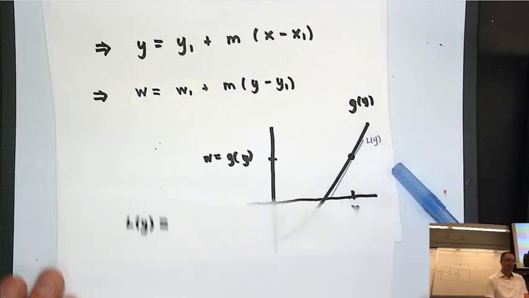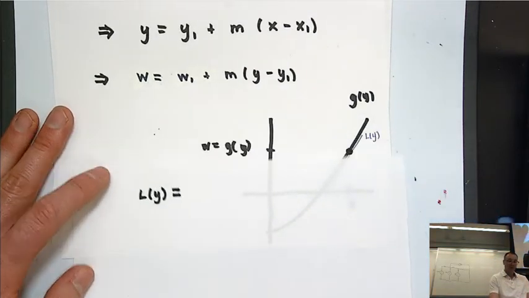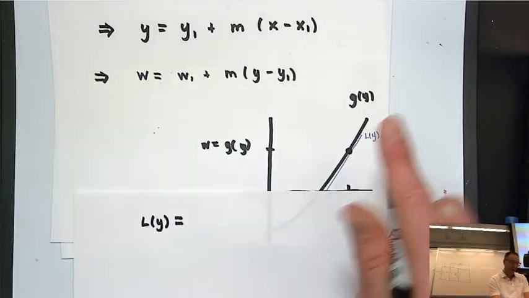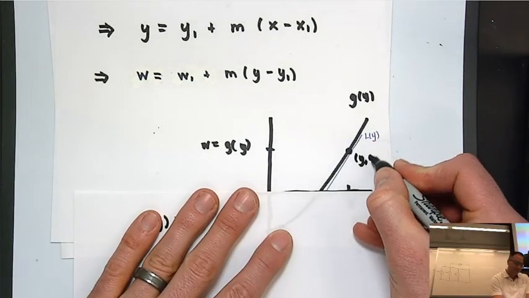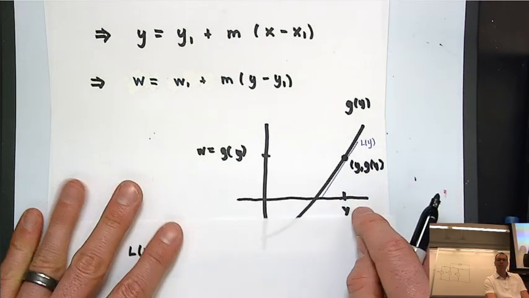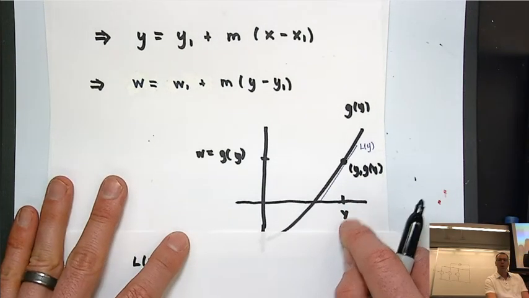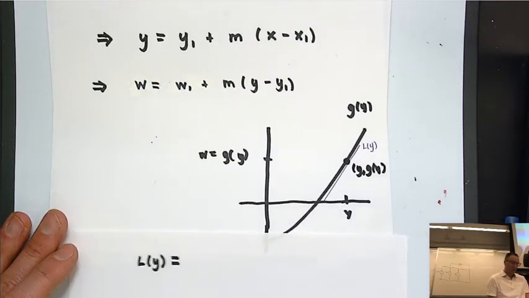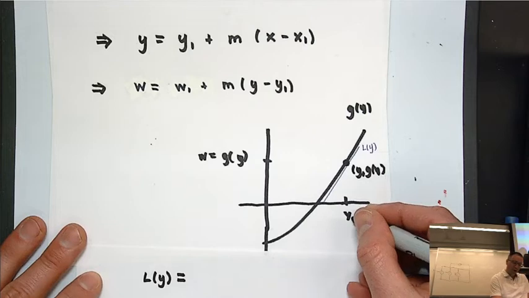Well, what did we say the tangent line will always do? What point do we definitely know is on that graph? I'm not talking about the specific, I'm talking about the general. What's the input? Y. What's the output? G of Y. So let's call this our initial guess.